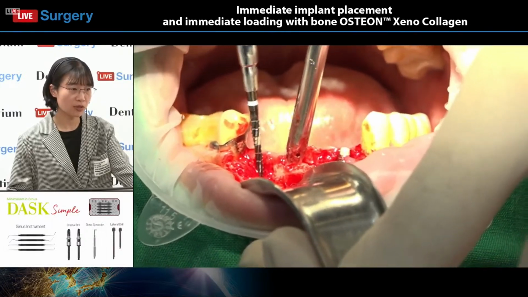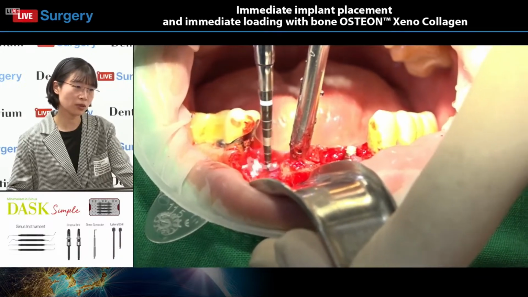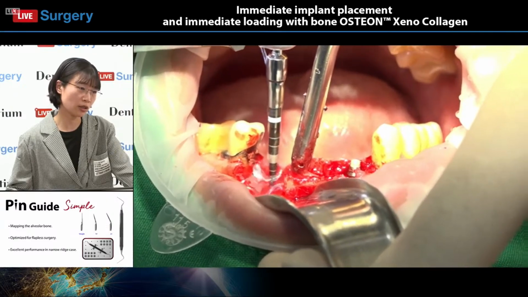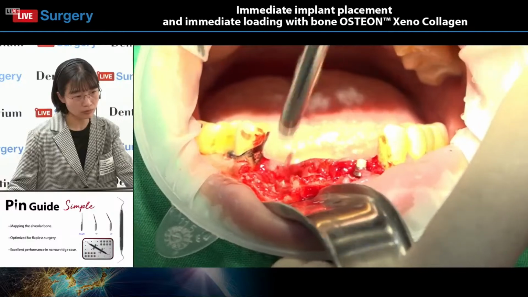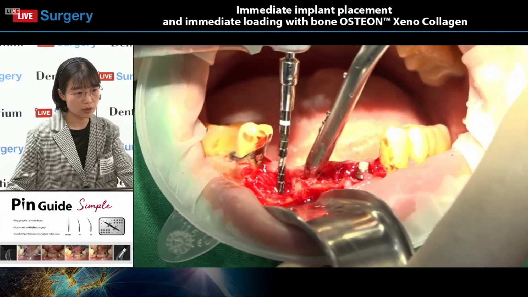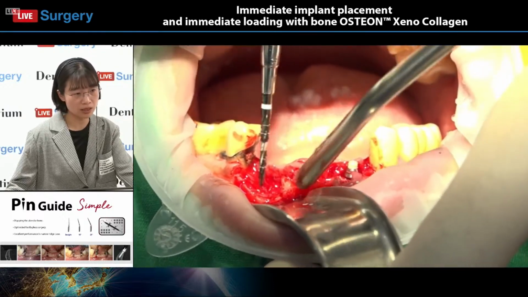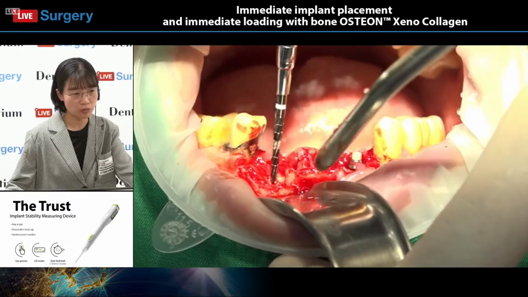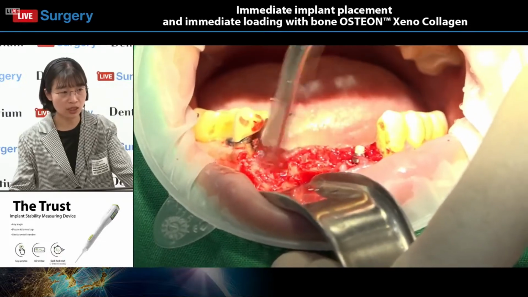And we can see the severe bone defect around the tooth number 43 position. Now he started the drilling on the side. Because there's some slope on the defect side, it is very difficult to make the initial drilling.